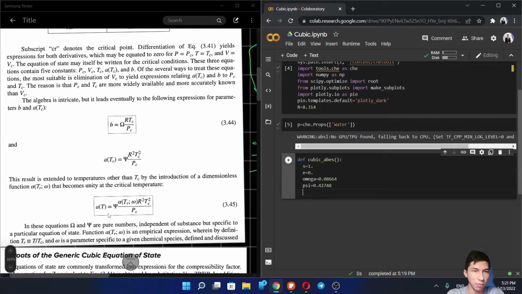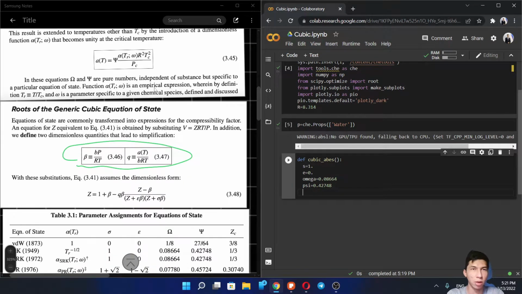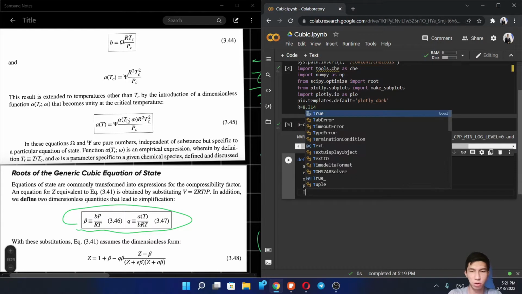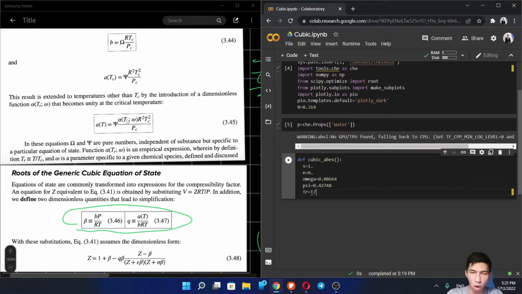And now we will have to define our A. So if we look at our equation for A, we need this value, which is the reduced temperature. The reduced temperature is our actual temperature divided by the critical temperature. So we'll define it like temperature reduced is equal to the temperature over temperature critical.